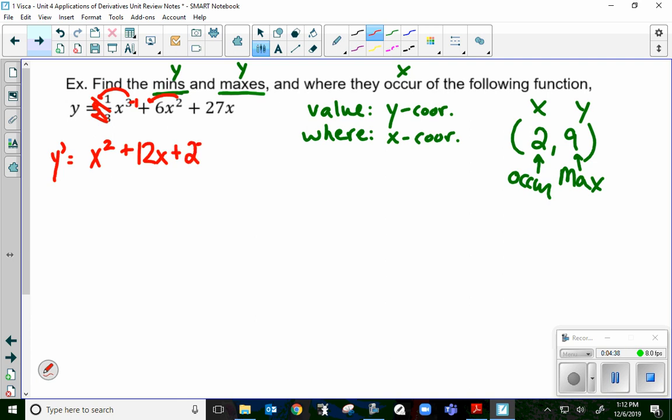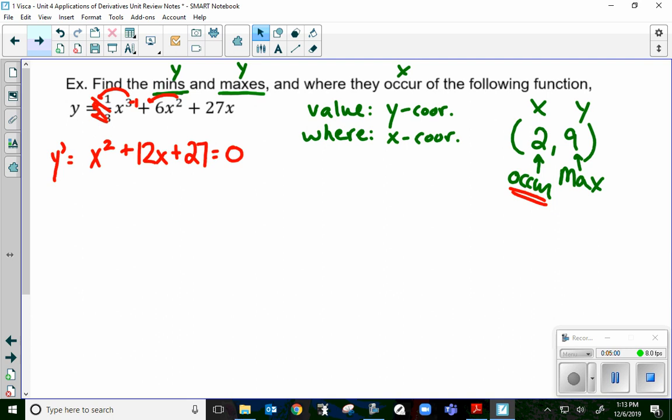Plus 27. For the first derivative, I want to set it equal to 0 and solve for x, because those values of x make the derivative equal to 0. That tells me where my critical points are, and where all my possible mins and maxes can be. The location, because it's the x value.